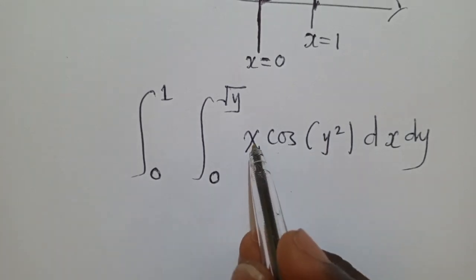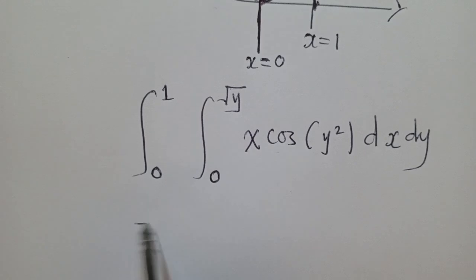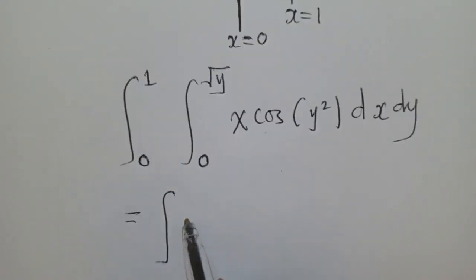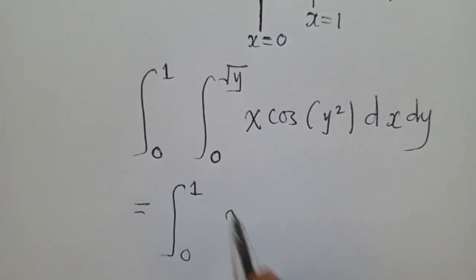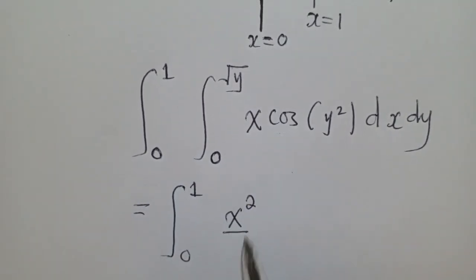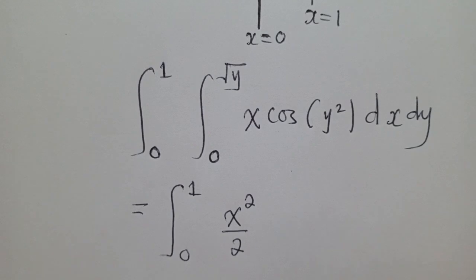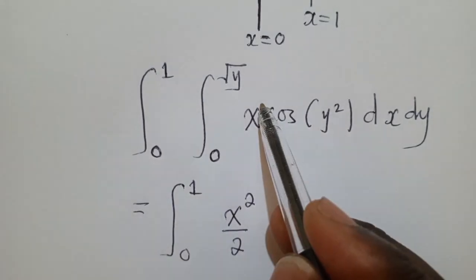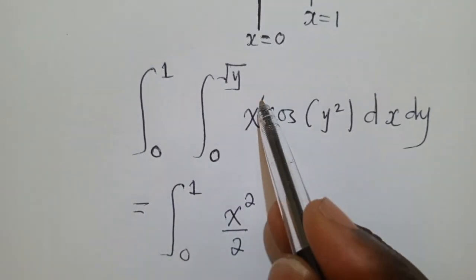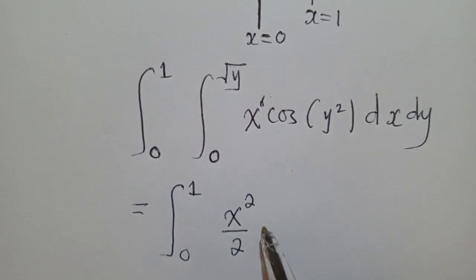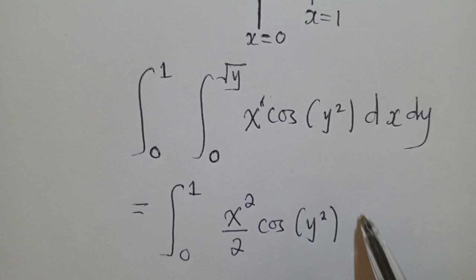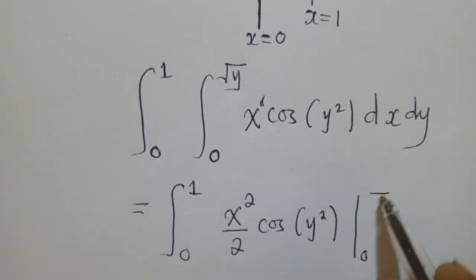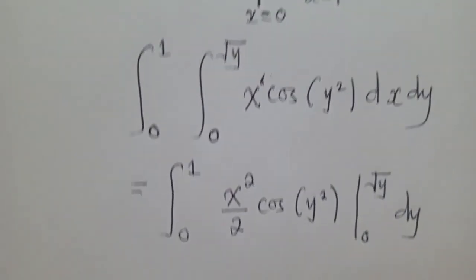So we maintain the integral sign outside, and here we say x to the power 2 over 2. Remember, when integrating, we add 1: the power 1 plus 1 is 2, you divide by that, and then cos y squared. The limits are 0 and the square root of y, and dy here.